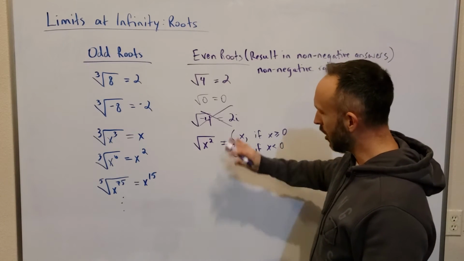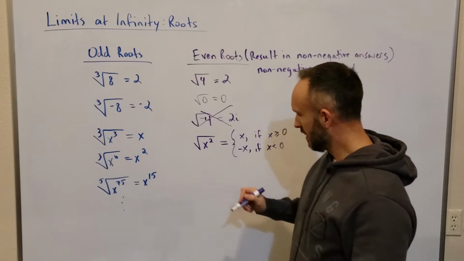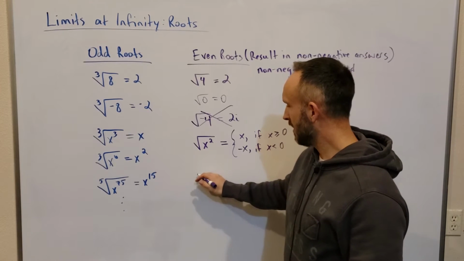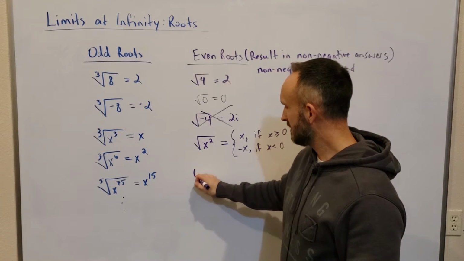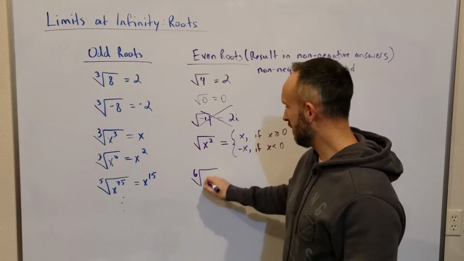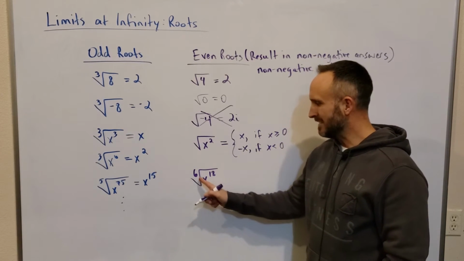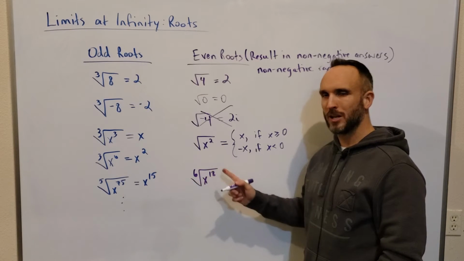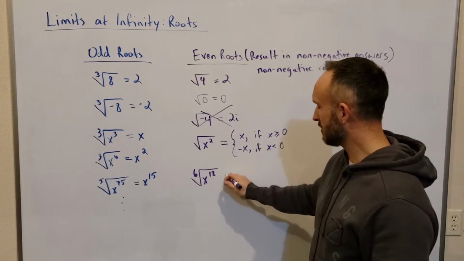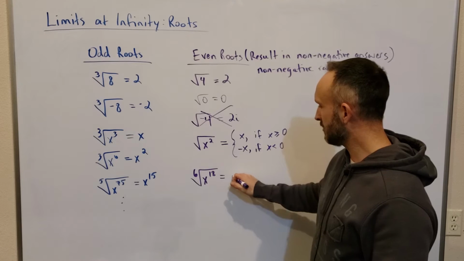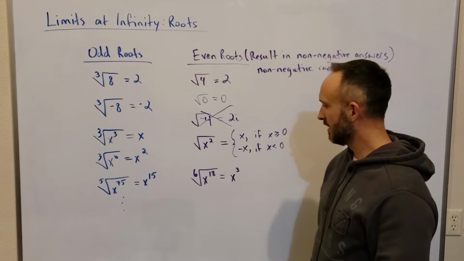And this is true for all even roots. So let's look at the sixth root of x to the 18th. It's an even root. The answer better not be negative. So we ask ourselves, is it okay for the answer to be x to the third?